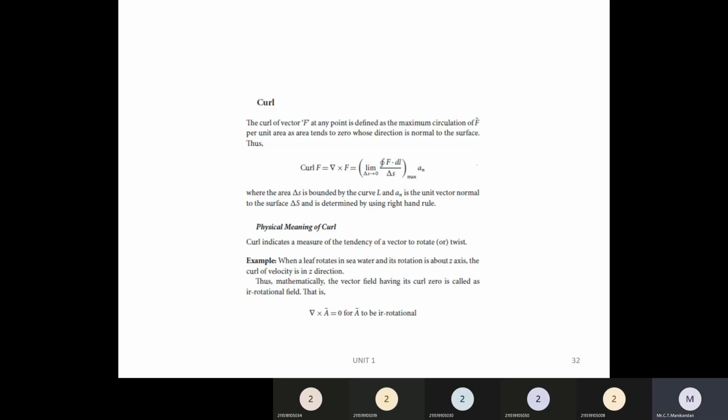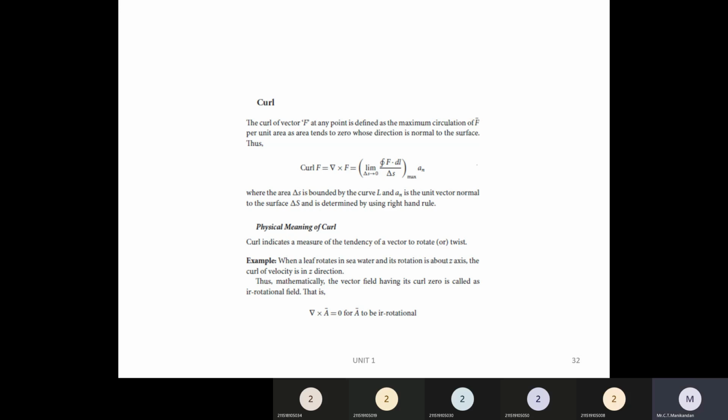So for the irrotational field, del cross A equals 0. If the curl of the vector comes out as 0, then we can say it is irrotational. For solenoidal, del dot A equals 0.